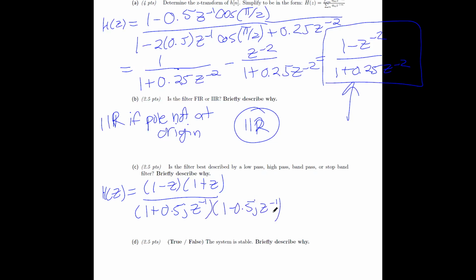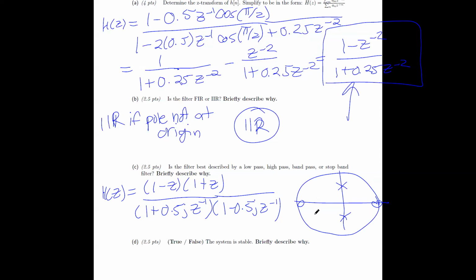I believe that's right. Let's say we draw this, it's going to have zeros at plus and minus 1. I'm going to draw the circle, and at plus and minus 0.5j, you're going to have poles.